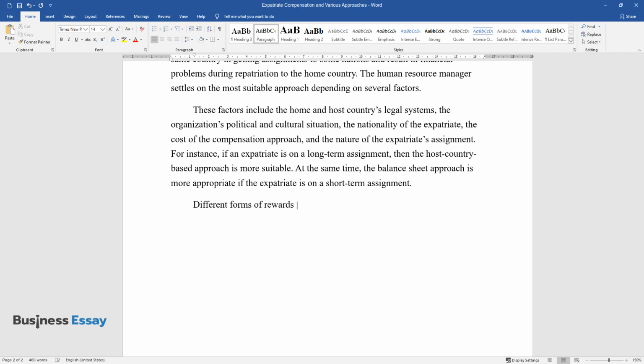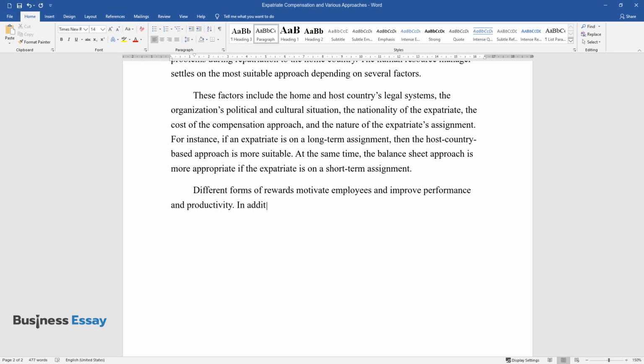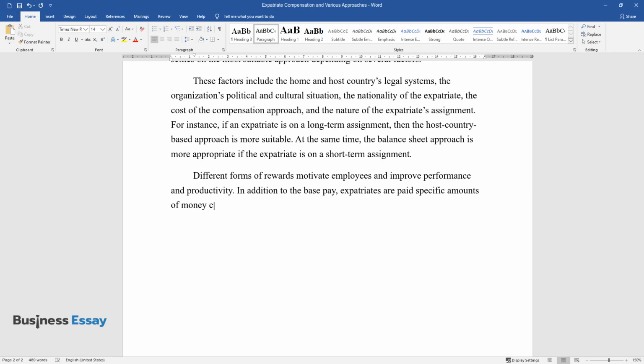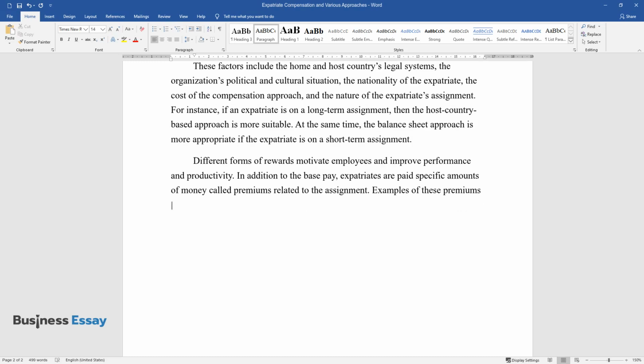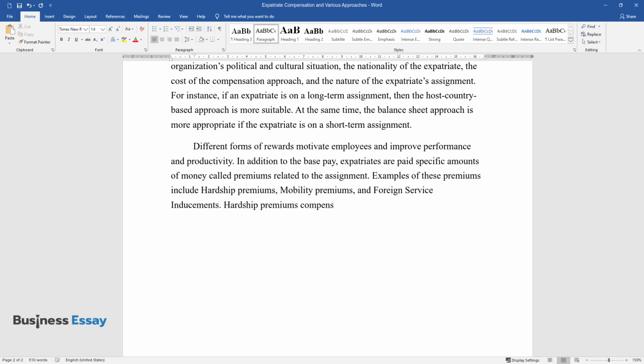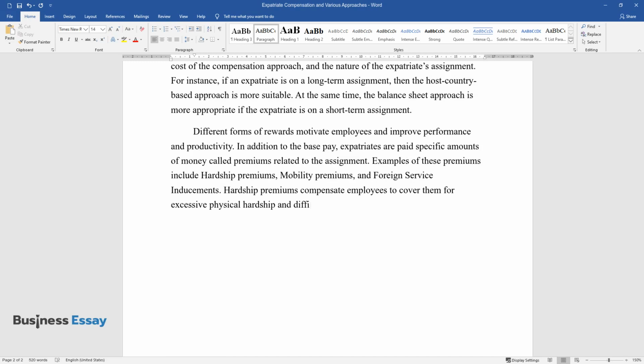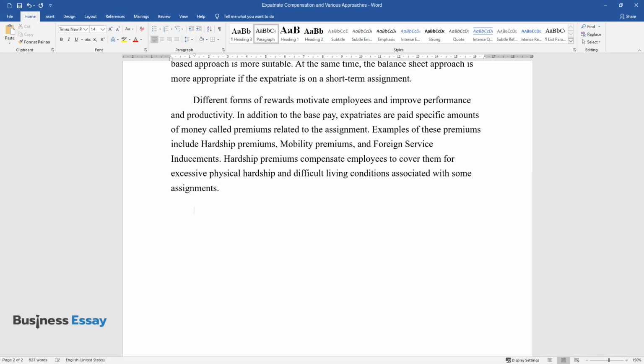Different forms of rewards motivate employees and improve performance and productivity. In addition to the base pay, expatriates are paid specific amounts of money called premiums related to the assignment. Examples of these premiums include hardship premiums, mobility premiums, and foreign service inducements. Hardship premiums compensate employees to cover them for excessive physical hardship and difficult living conditions associated with some assignments.